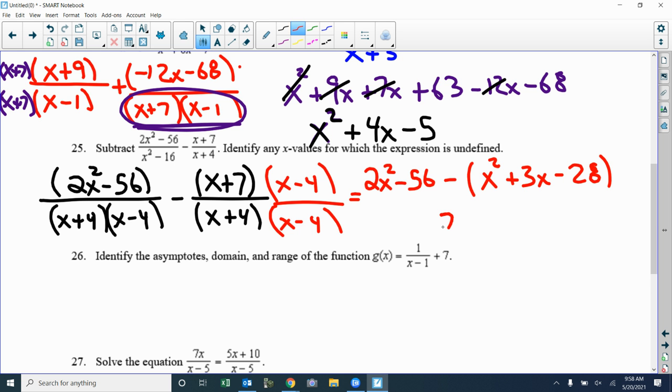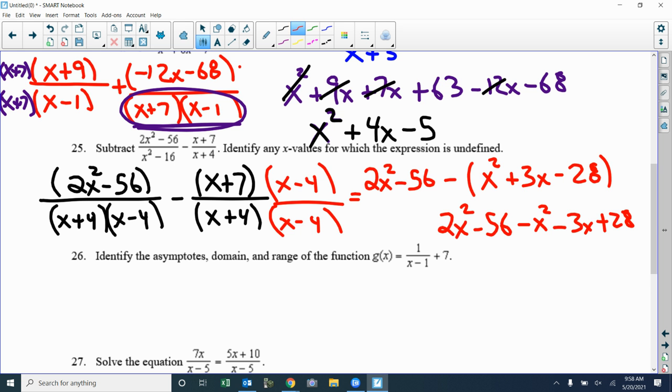So now that'll be 2x squared minus 56. Now it's going to become minus x squared minus 3x plus 28 after we distribute. Kind of tedious, huh? Sorry.